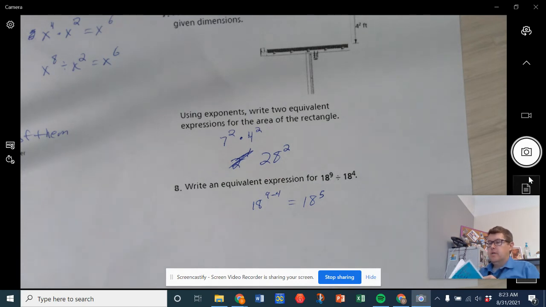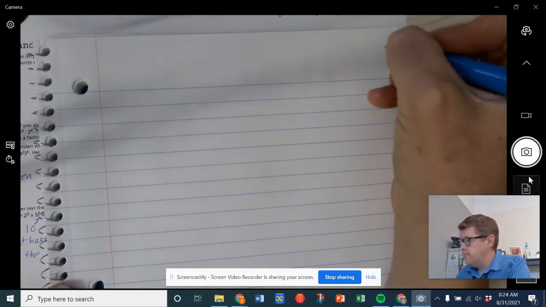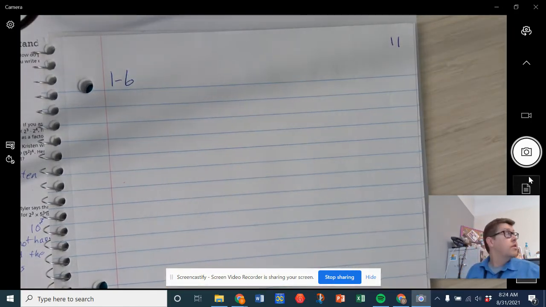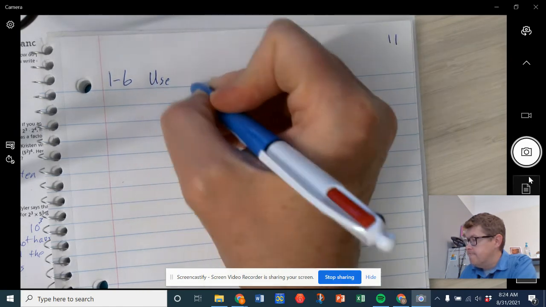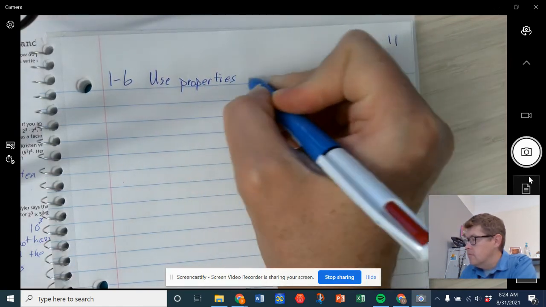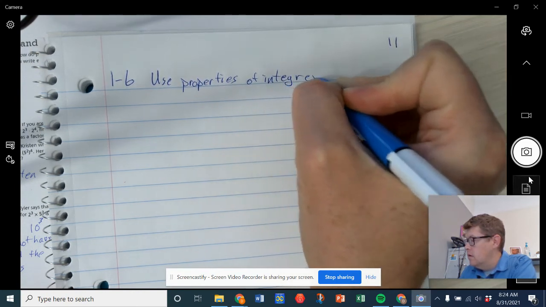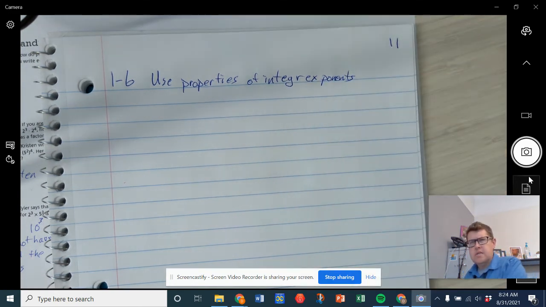Now I'm going to put this into the notebook here. This is going to go on page 11. This is 1-6. What do I call this? Use properties of integer exponents. Since I have 2 pages, that's very separated.